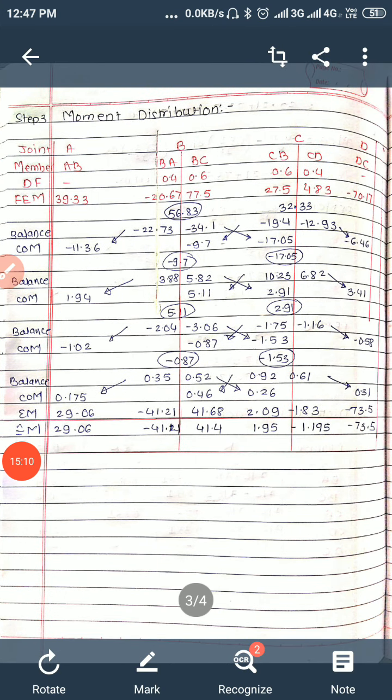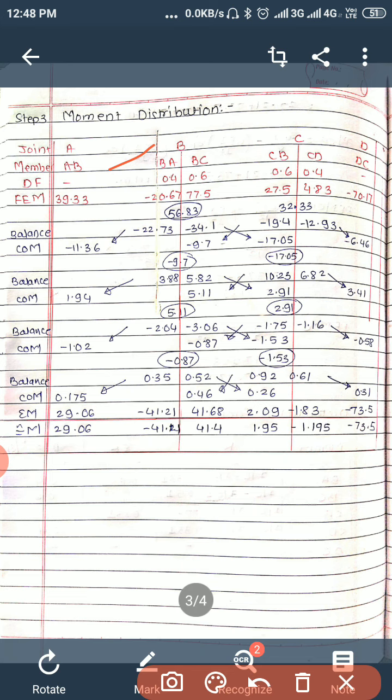Then moment distribution, the main part, and this is the highlighting part of our moment distribution method, and it is very easy, interesting, and not that tedious. Then we'll draw one table with the joints A, B, C, D, member AB.